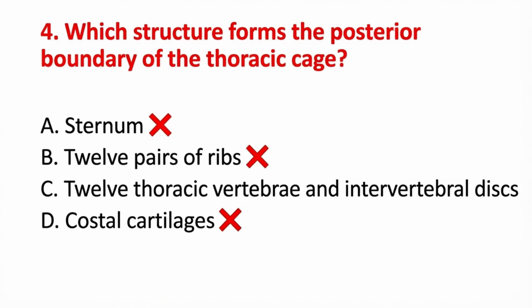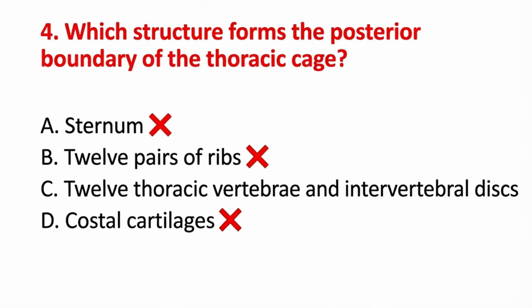These structures form the posterior wall of the thoracic cage and provide attachment points for the ribs. Why other options are incorrect? Option A is incorrect because the sternum forms the anterior boundary of the thoracic cage, located at the front of the chest. Option B is incorrect because the ribs form the lateral boundaries of the thoracic cage, not the posterior boundary.